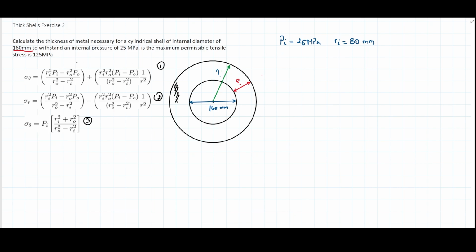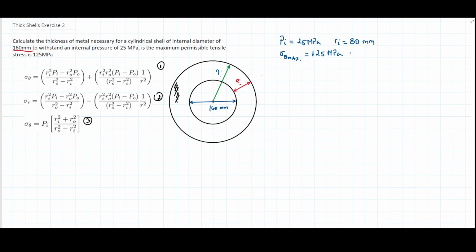Then we got the maximum permissible tensile stress. Now, when we talk about thick shells, we know that the largest stress we're going to get there is the circumferential stress, the hoop stress. So I'm going to write like this: the maximum permissible circumferential stress is going to be 125 megapascals.